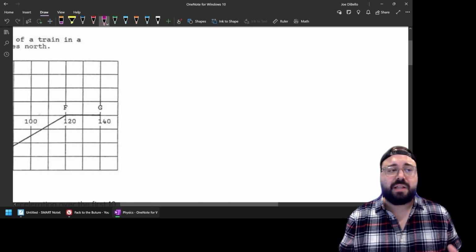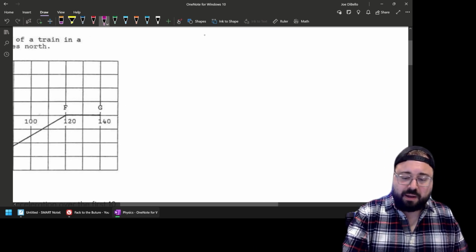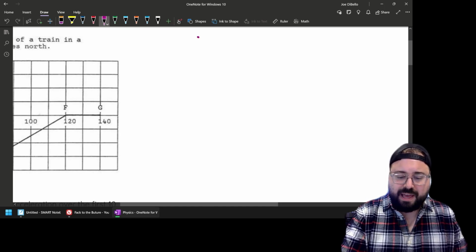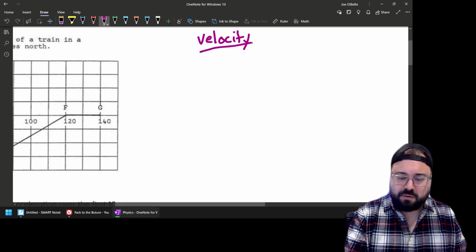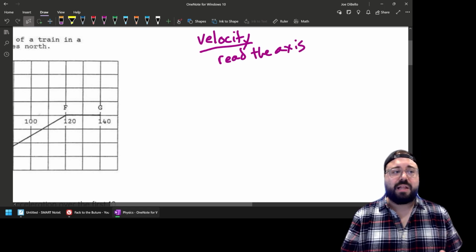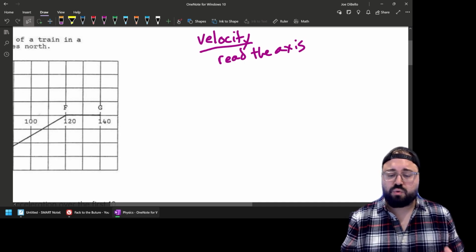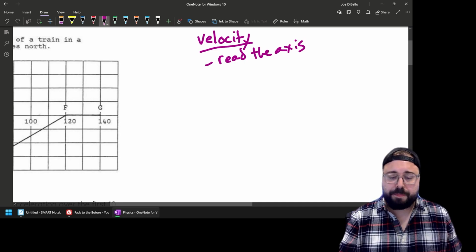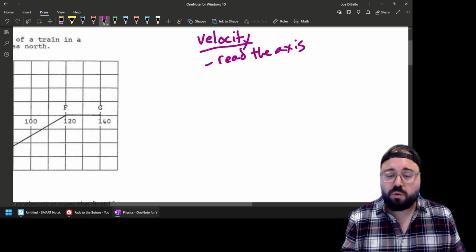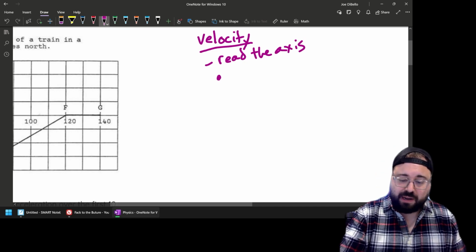So on a velocity graph, let's focus on a few things here. To get the velocity, all we've got to do is read the axis. And that's important. So to get the velocity of an object, all we've got to do is read the axis, right? And from this, we can answer the 3 main questions about the motion of an object.